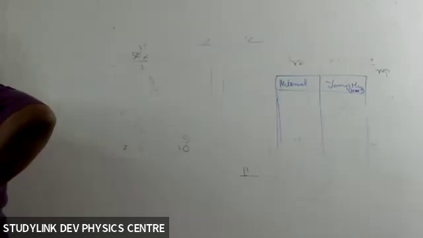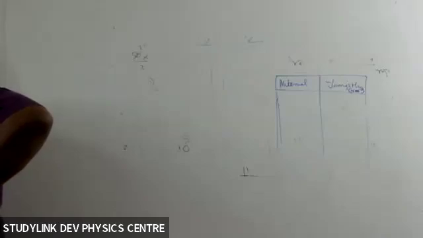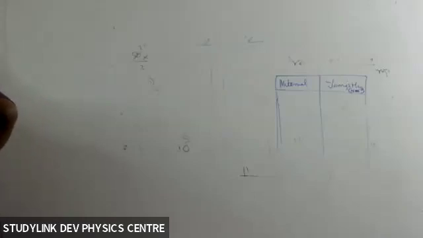Steel, 2 into 10 to the power 11. Rubber, 1 into 10 to the power 6. So those are the basic ones I gave.